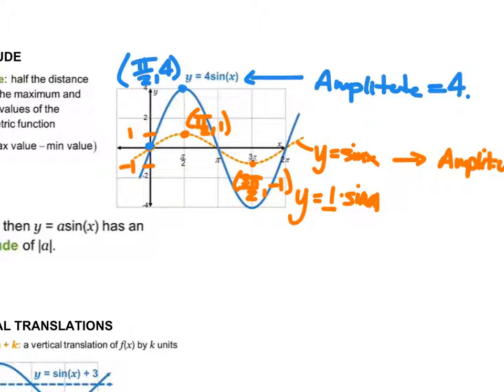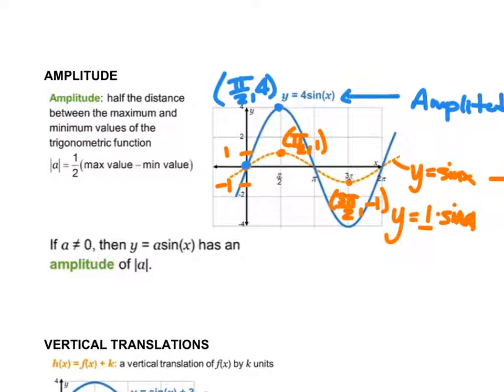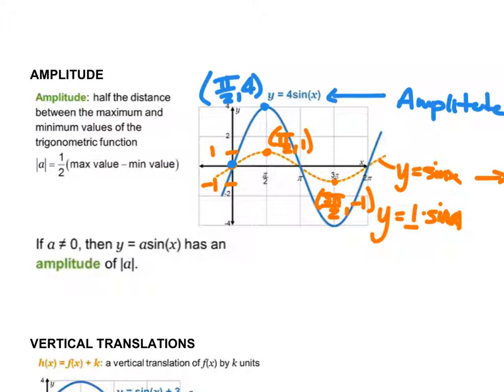Now, what this means is, if we think about the unit circle with amplitude, as we rotate around that circle from 0 to pi over 2, we have a y value of 4.